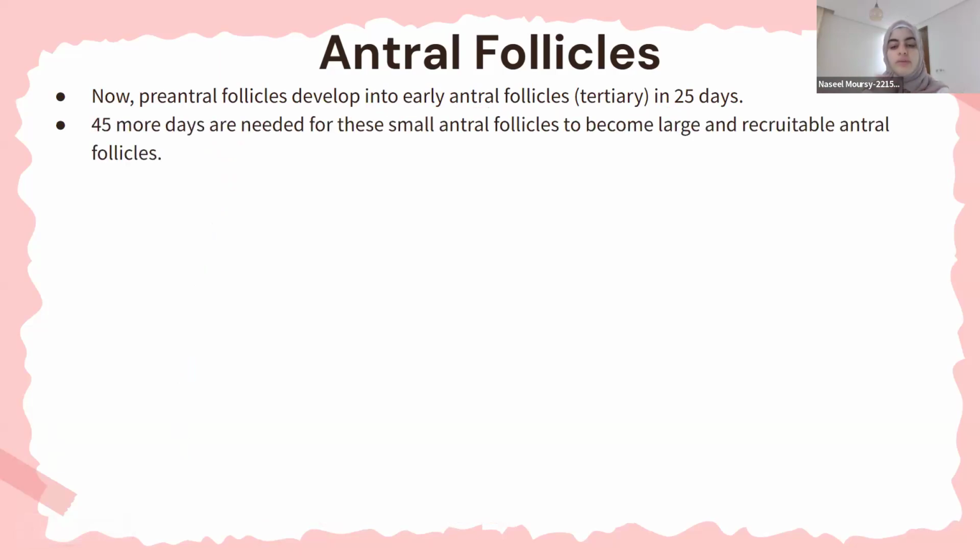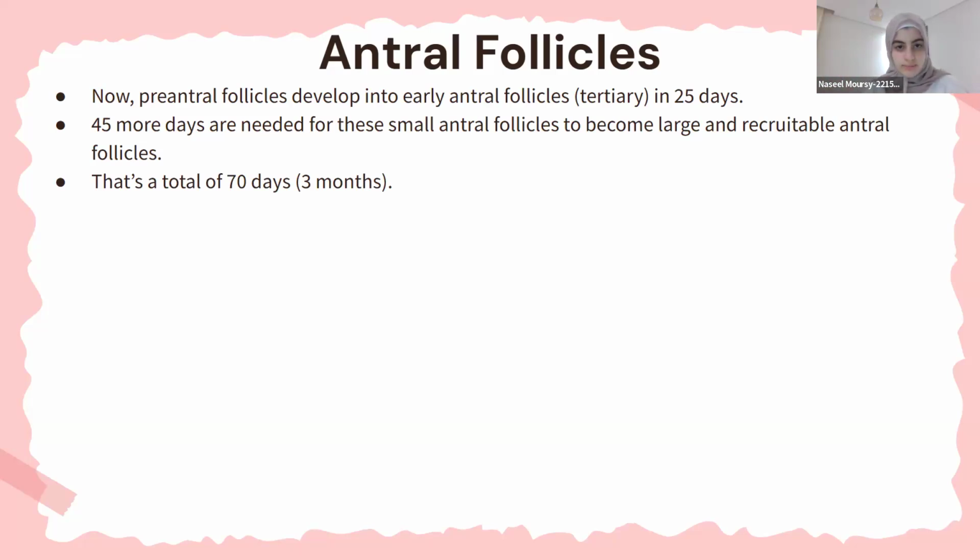Then you need 45 more days to go from small antral follicles to large and recruitable antral follicles. It's still tertiary; all these antral follicles are tertiary, either early or late tertiary. So you need 3 months, then 25 days, then 45 days. So 3 more months, because that's 70 days. So you need a total of 6 months to go from primordial follicle up to large recruitable antral follicle.